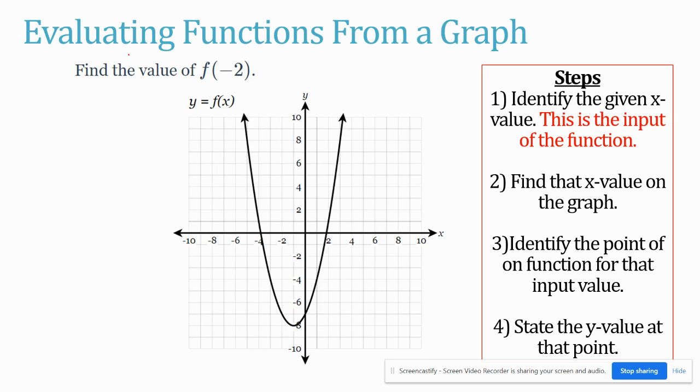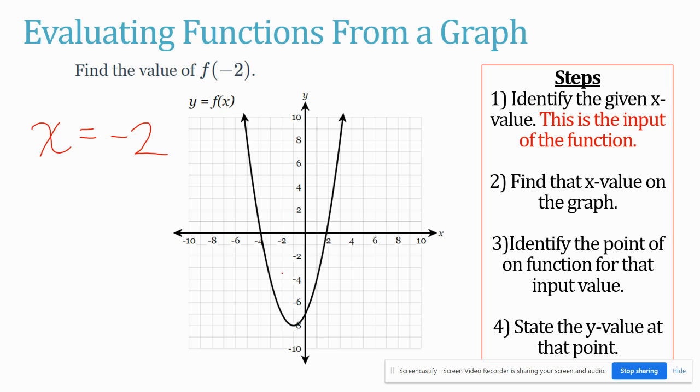So it's asking us to do the same thing, find the value of f of -2. So this is telling us that our input value, our x value, is -2, and we want to know what our y value is when x is -2. So I'm going to go to my x-axis, and here is where x is -2.